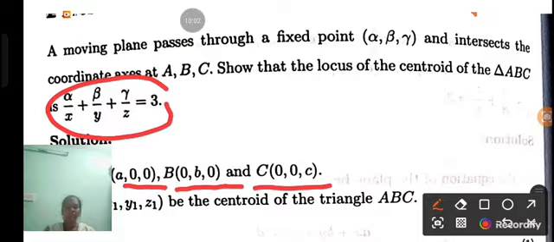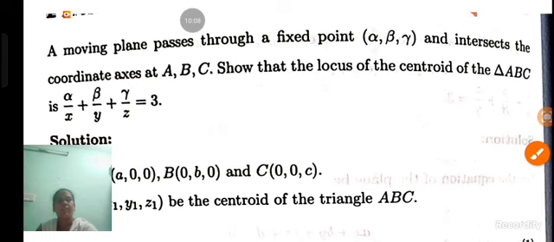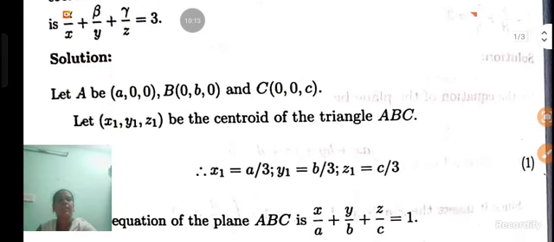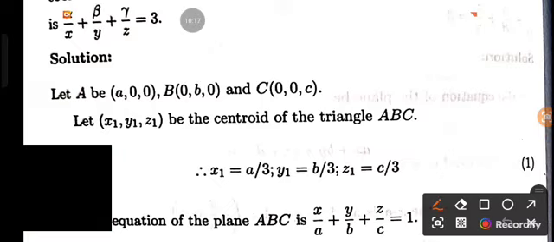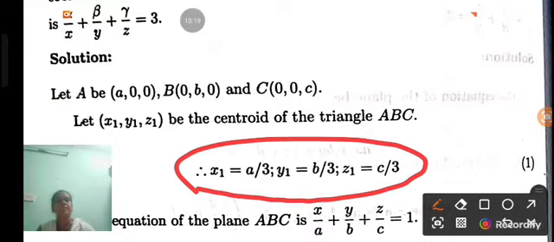Using the centroid formula, we get x1 equal to a by 3, y1 equal to b by 3, and z1 equal to c by 3.